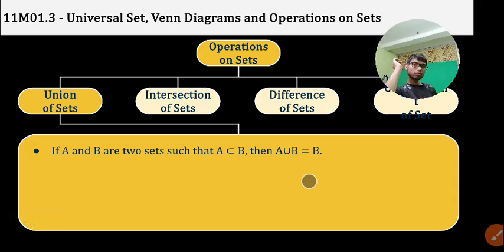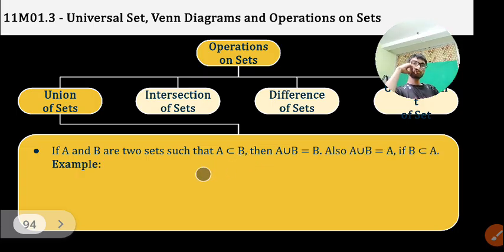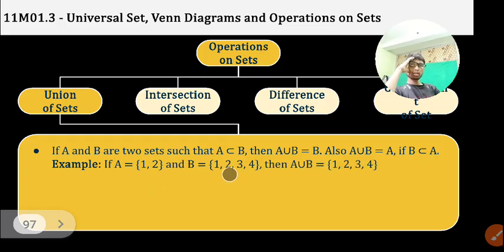Here we are not saying that A is a proper subset, no, both are equal, that is what we are saying. In this case you can see A and B. So here what is happening, this and this both are equal, that's why we are saying this is equal to this.